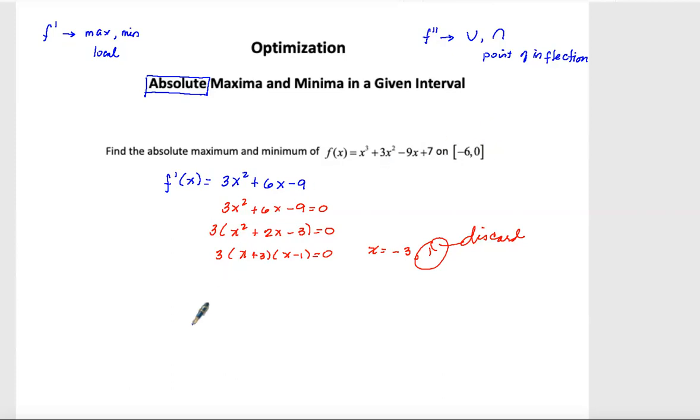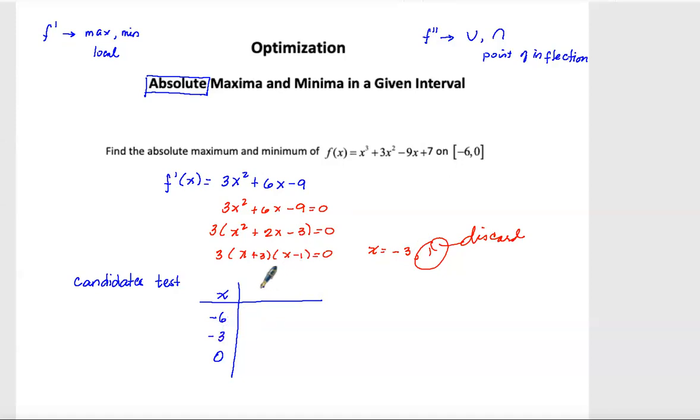So here's how. This is called the candidates test. Meaning we have these x values right here: the endpoints, -6 and 0, and the critical value that we got here, which is -3.